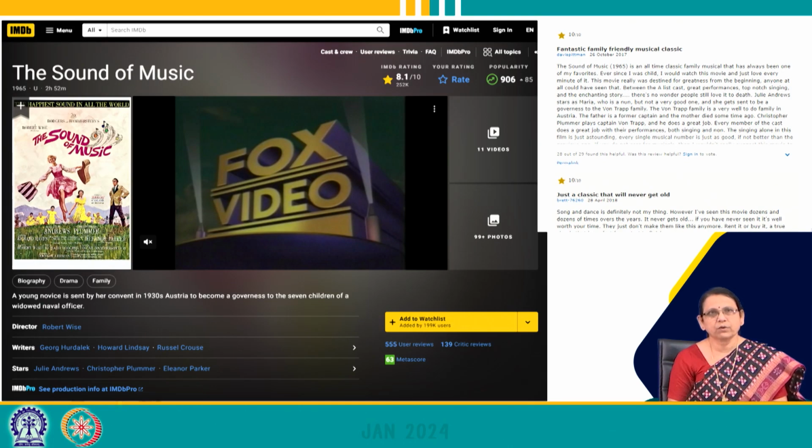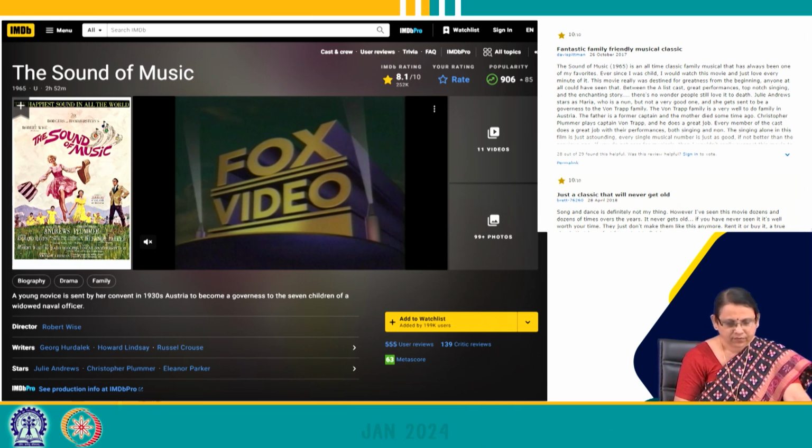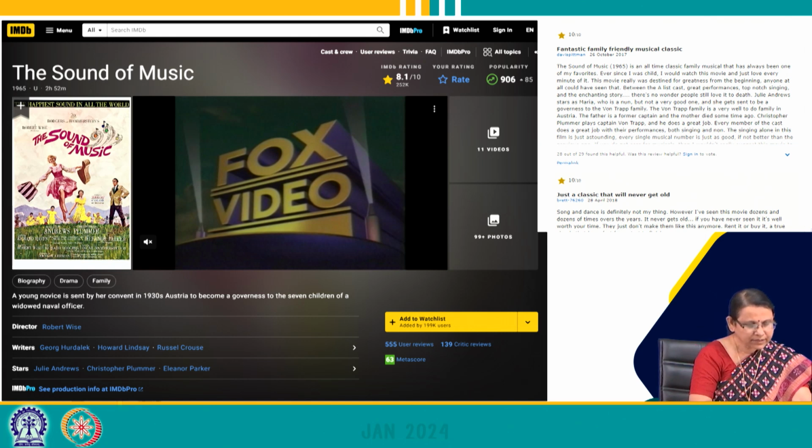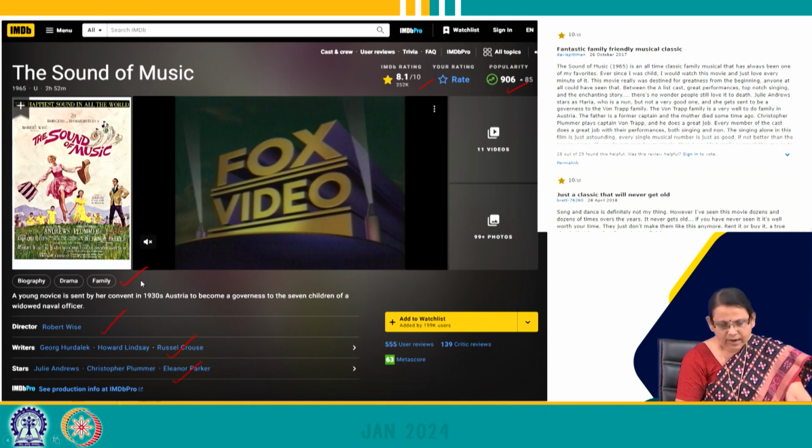Look at this, this is what I was telling, I got this from the IMDb website. Now, look here, many things are mentioned: its rating, some kind of popularity score, who is the director, writers, other stars, and its genre, and it also shows there are many user reviews.